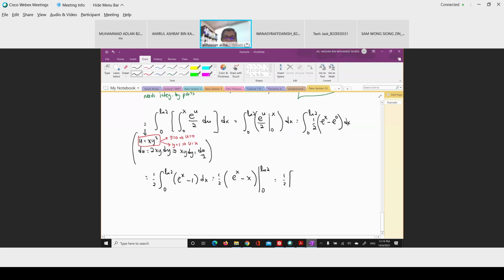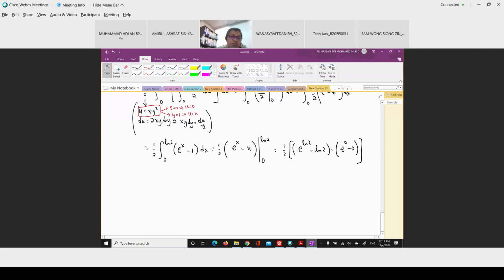So now we substitute. First we substitute x equal to ln 2, and then we substitute x equal to 0. Right? And then simplify. e to the ln 2 is the same as 2, isn't it?